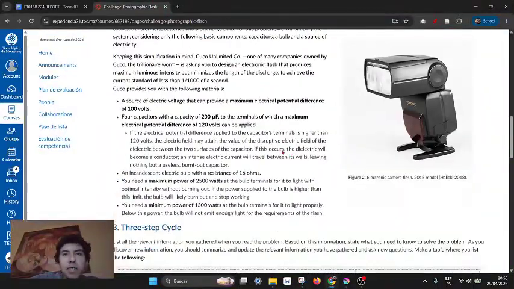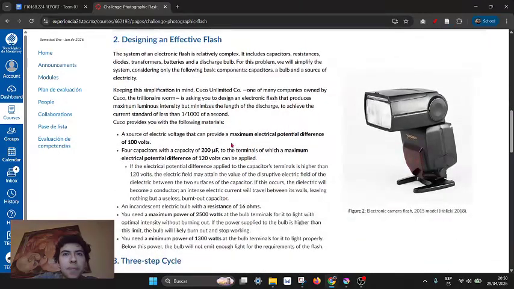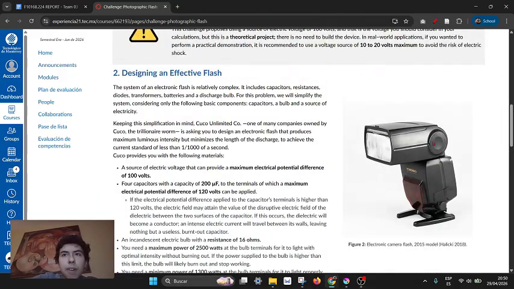What we are asked to do here is create an efficient flash which has these parameters. The maximum electrical potential difference of our circuit will be 100 volts. That's the source that will be providing for our capacitors and our flash.